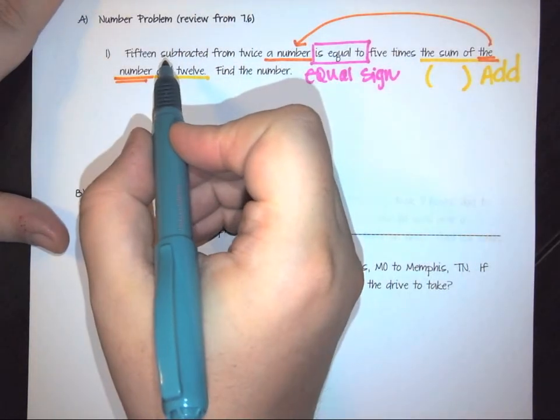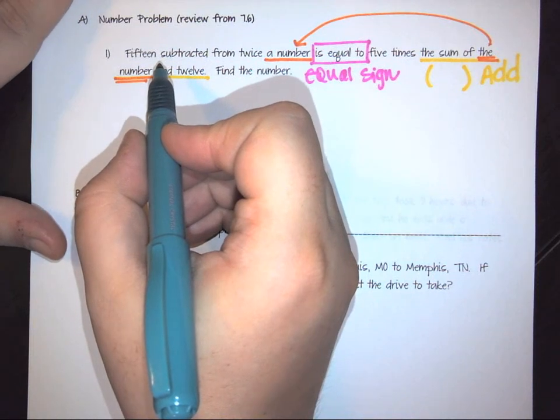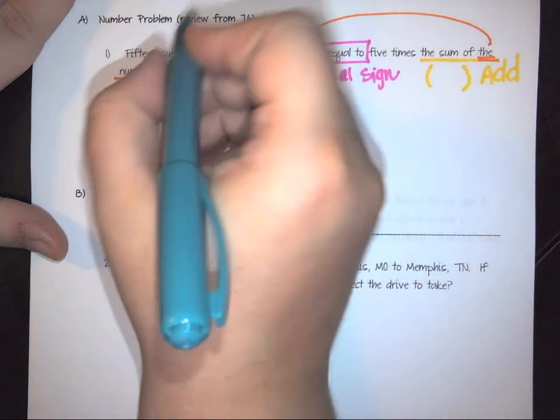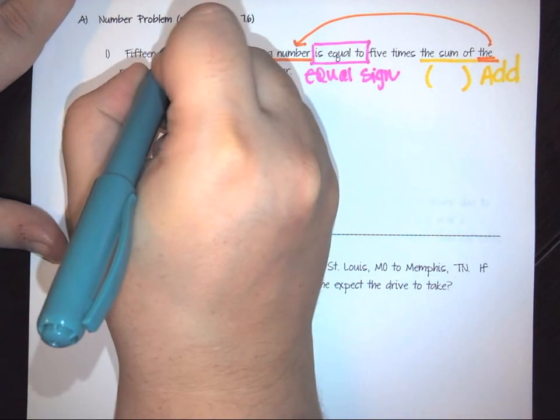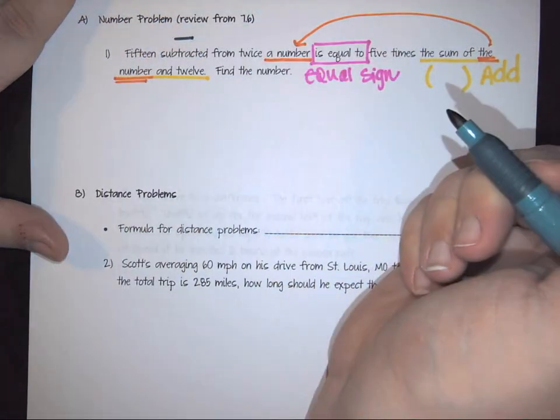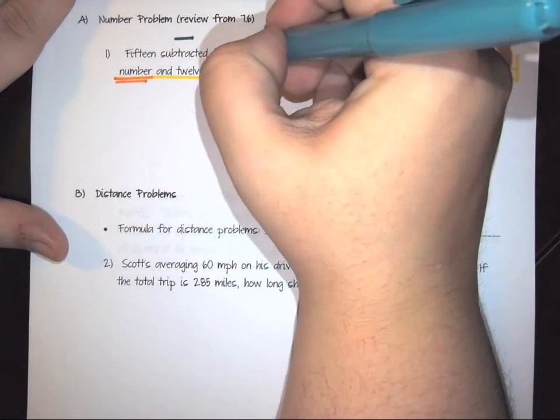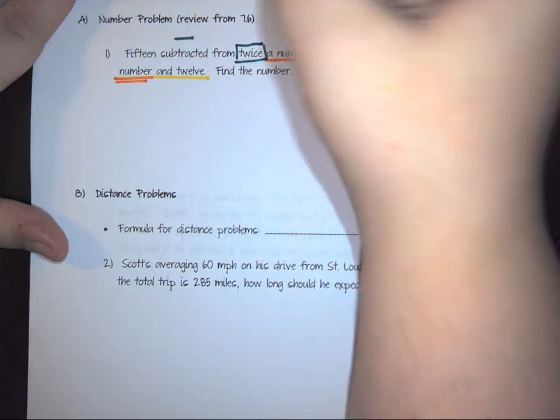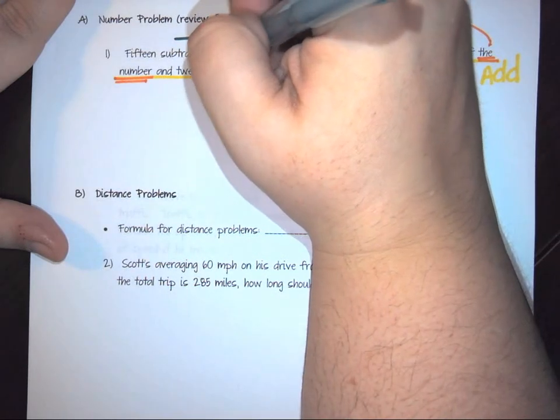So we have to work with just this first part to start with. So we're talking about 15 subtracted. Subtracted is just that, it's the subtraction sign. And then when we're talking about the word twice, well, this means 2 times.